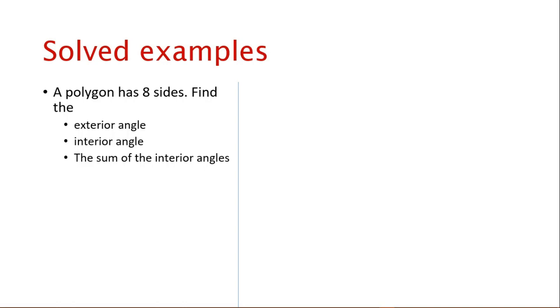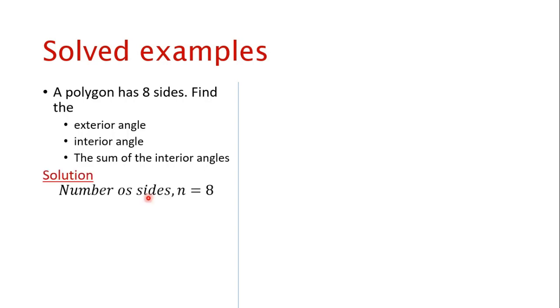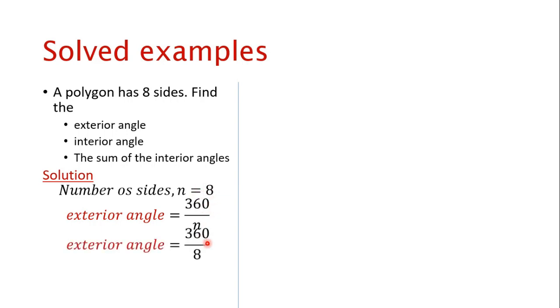So number of sides, we write that down: n equals 8. We know that exterior angle equals 360 over n. We know the number of sides, so we replace the n with 8. 360 over 8 gives us what? 45. So we have 45 degrees for the exterior angle.